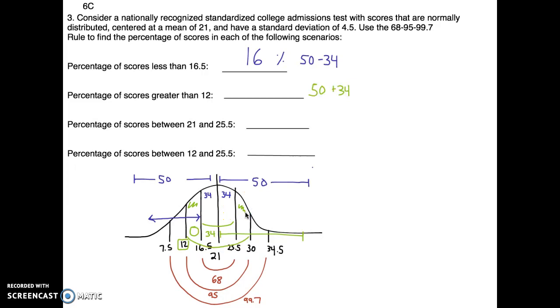So divide that in half, and we have 13.5. So 13.5 will go here, and 13.5 will go here. So now let's add the 13.5. If you add all of those up, you should get 97.5%.